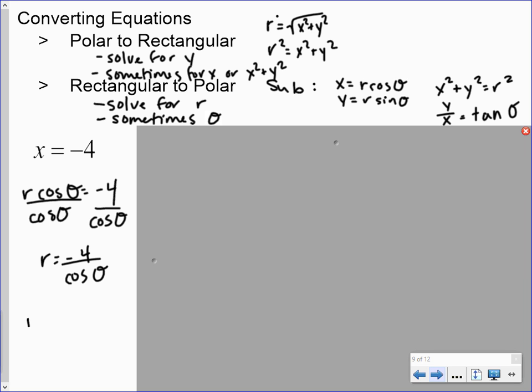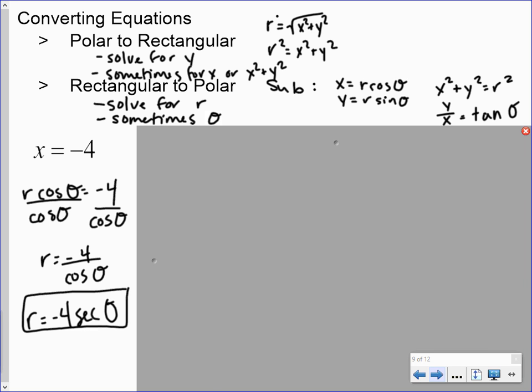So r is really -4 secant theta. I get it. It's kind of weird and you're like, what am I even doing, right? It's just going to take some time to get used to that.